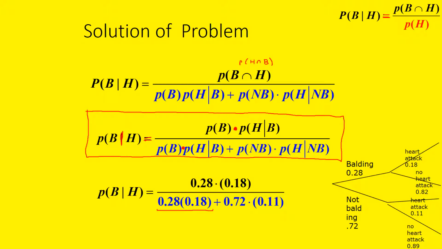And the probability of not balding is 0.72. Probability of heart attack given not balding is 0.11. And we get an answer. Probability of balding given heart attack is 0.389.